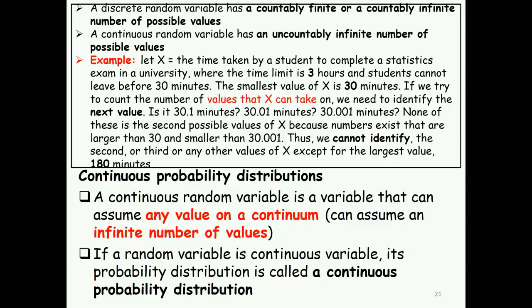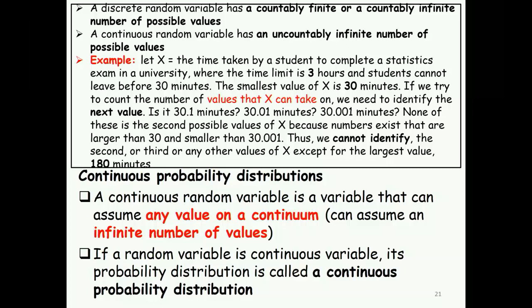None of these I gave is the second possible value. The first one, exactly when it is 30, somebody could go. What about the second person? If it says you don't leave for 30 minutes, then when it is already 30 minutes, students could leave. Let us assume the first person left when it is exactly 30. What about the second one? Would it be 30.01, 30.001, 30.00?